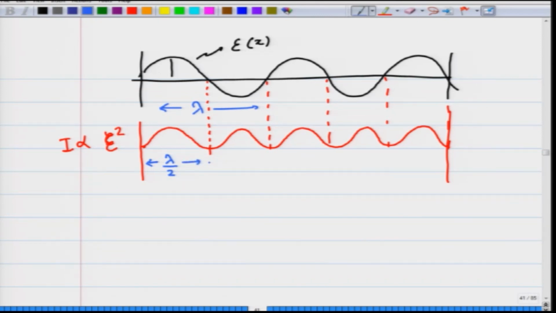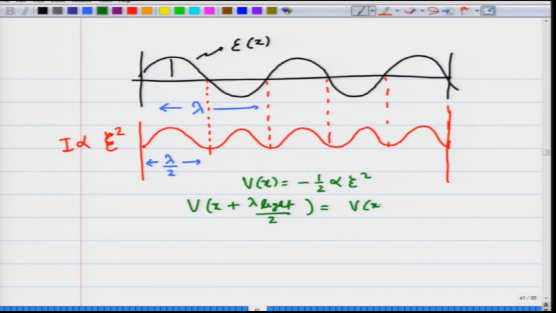It repeats itself after lambda by 2, and an atom in this has the potential energy V x equal to minus a half alpha E square. Therefore, it sees a potential which is periodic of period lambda by 2. So, V x plus lambda by 2 is same as V x.